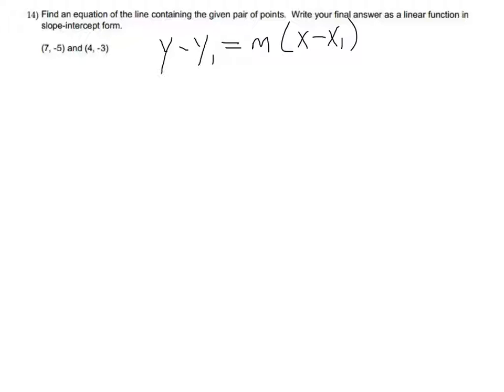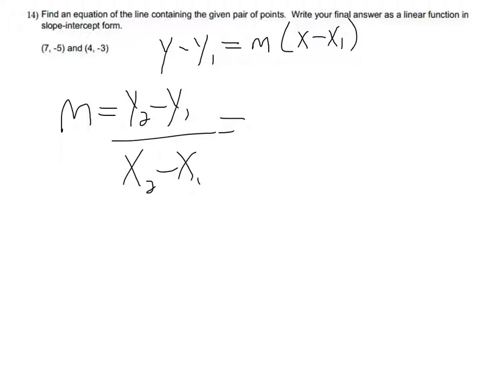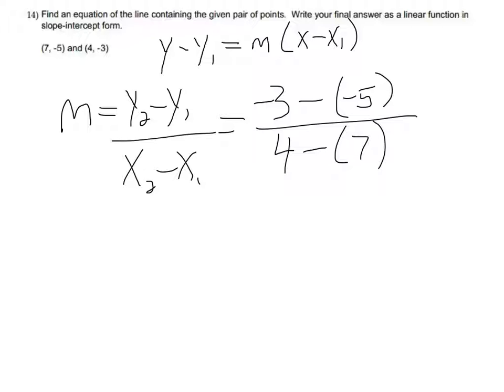What we're missing is the slope. Well, we can do the slope formula. Plugging in our y2, which is negative 3, minus our y1 is negative 5, over our x2, which is 4, minus our x1, which is 7.